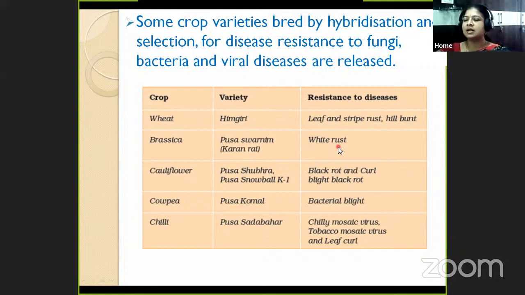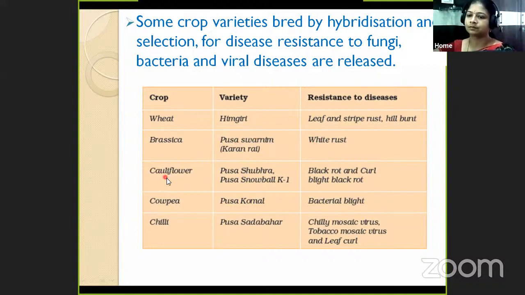White rust disease is caused by Albugo candida. It is a type of fungus which causes white rust disease on Brassica plants. So Pusa swarnim has resistance against white rust fungus.